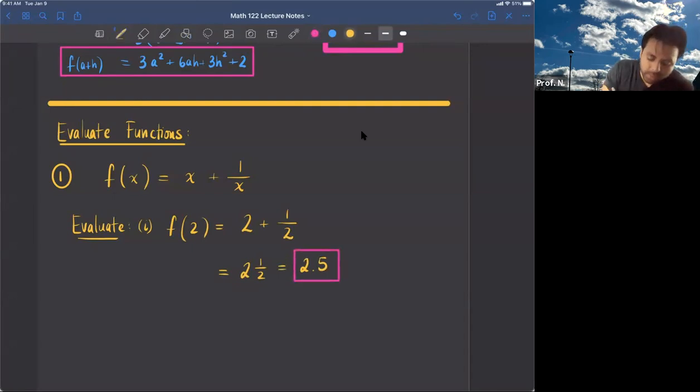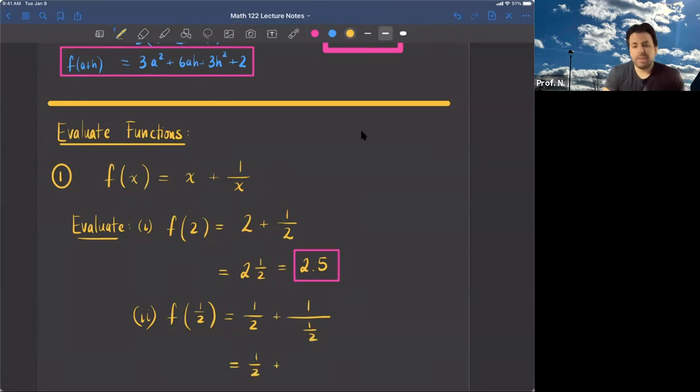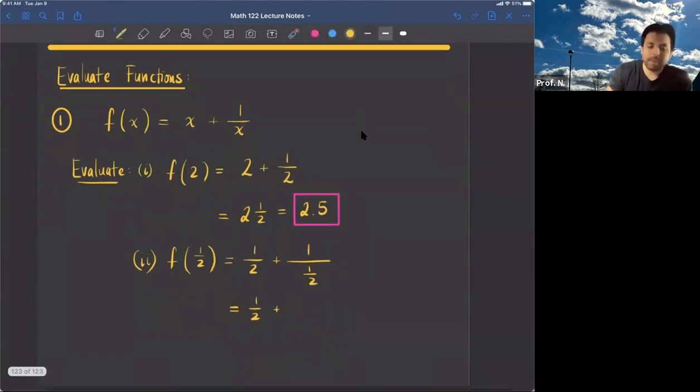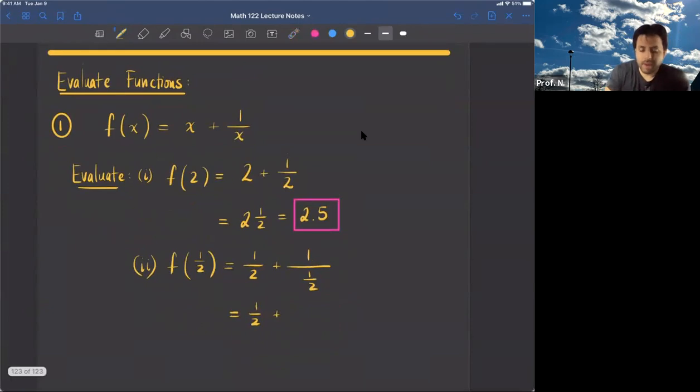Now, what's the value of the function when I plug in 1/2? Same idea. Wherever I see x, I plug in 1/2. So this is 1/2 plus 1 over 1/2. But what's 1 divided by 1/2? Remember, at this step I am dividing by a fraction, and when you divide by a fraction, you multiply by the reciprocal of the second fraction.